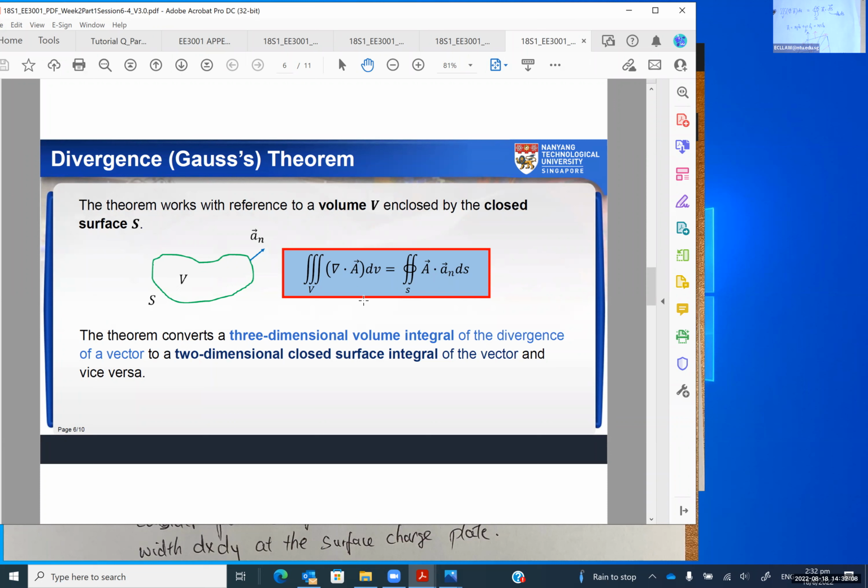We are given that we have some electric field called A vector, given by this equation in this tutorial 2 question. It has an A_x component proportional to x times y, an A_y component proportional to y times z, and an A_z component that's x times z. So I just arbitrarily visualize them by the red arrow.